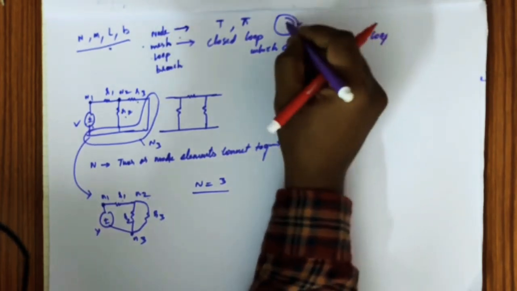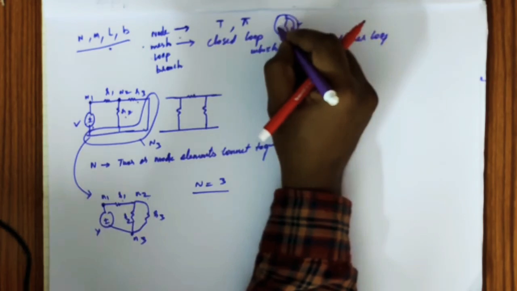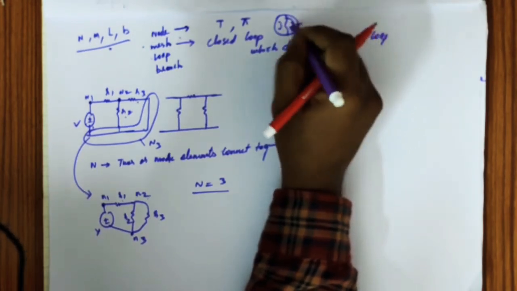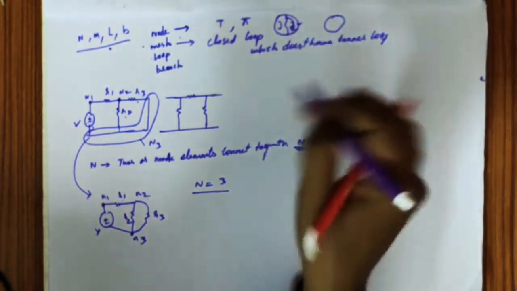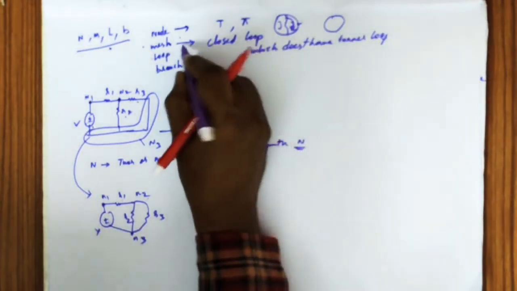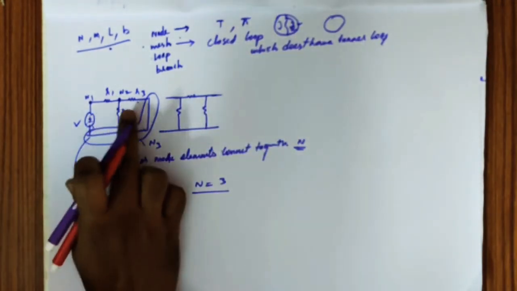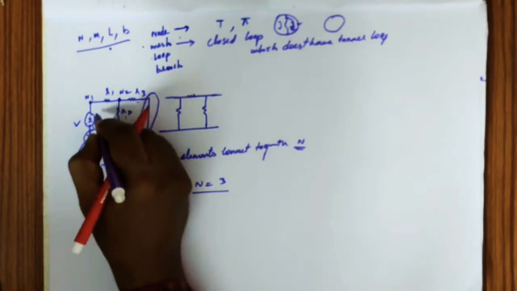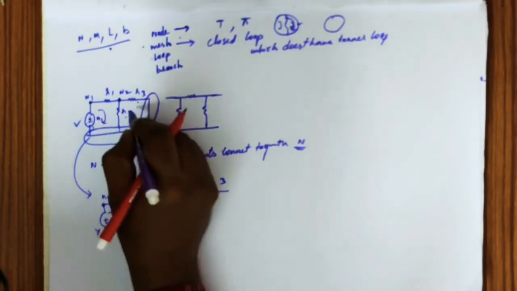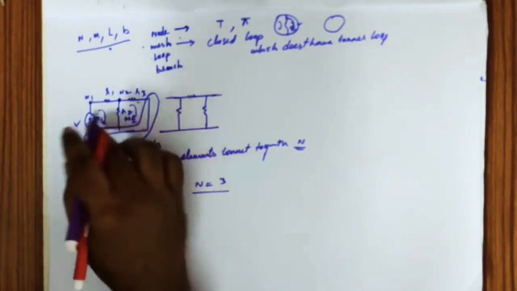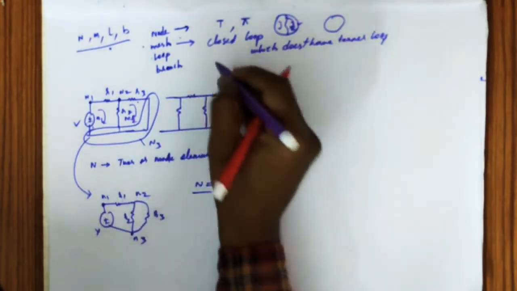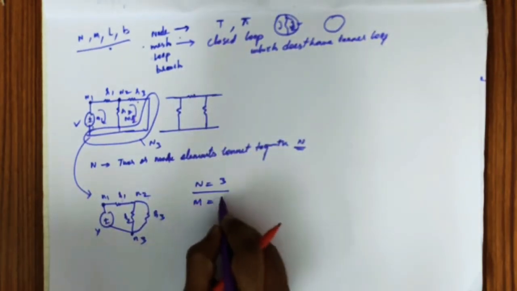So this loop doesn't have any inner loop, while there are inner loops here, 1 and 2. So one loop which doesn't have any inner loop is called a mesh. So here we are having two meshes, that is M1 and M2. So the number of meshes equals 2.